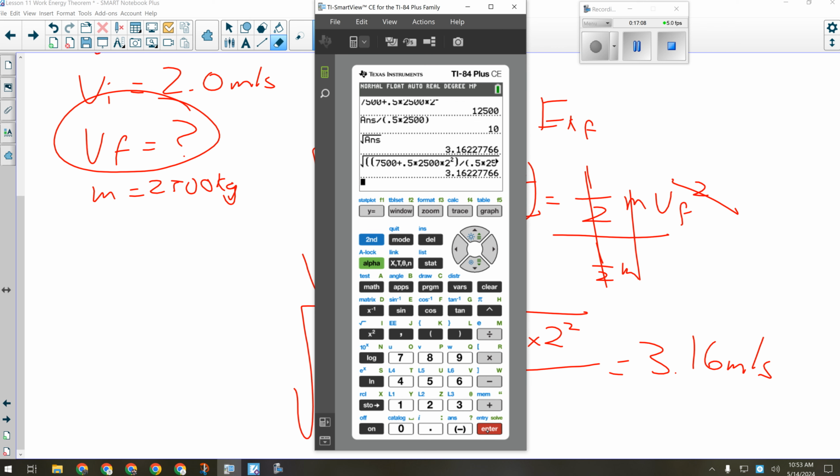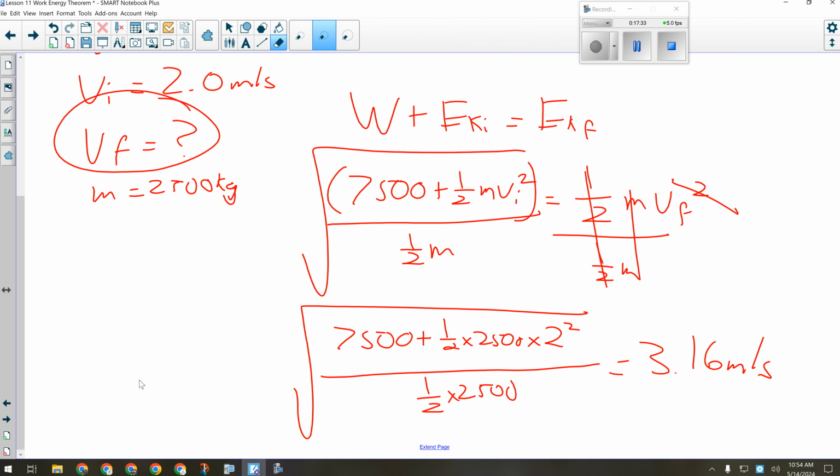Okay, yeah, I did it right. If you want to keep track of all those brackets, you can totally do it in one step, but I think it took me longer to do it that way than the other way. And if I miss a bracket, is it going to be a mess? Show your work. When you get to this point, it's really easy to make a mistake on the calculator. Show your work.